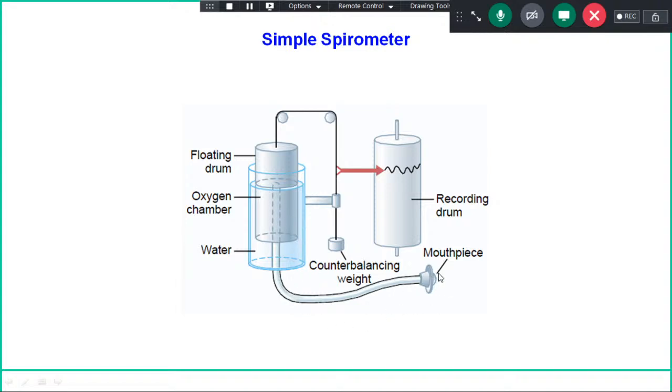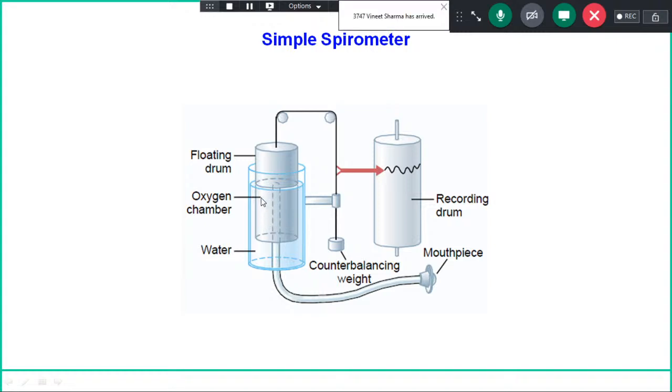So, at the mouthpiece the person will take normal inspiration, expiration or the maximal one, and as a result the air is going into the inner one, and on the top is a floating drum which is connected via a pulley. So, when the person breathes in and out, the bell or inverted drum moves up and down. If he expires, the drum will go up. If he inspires, it takes in, the bell will go down.